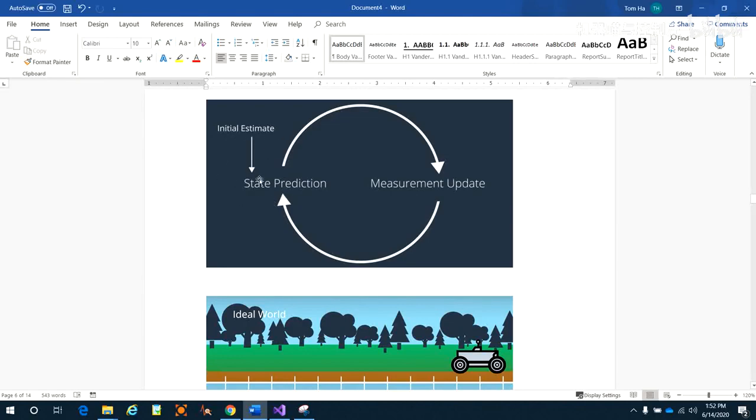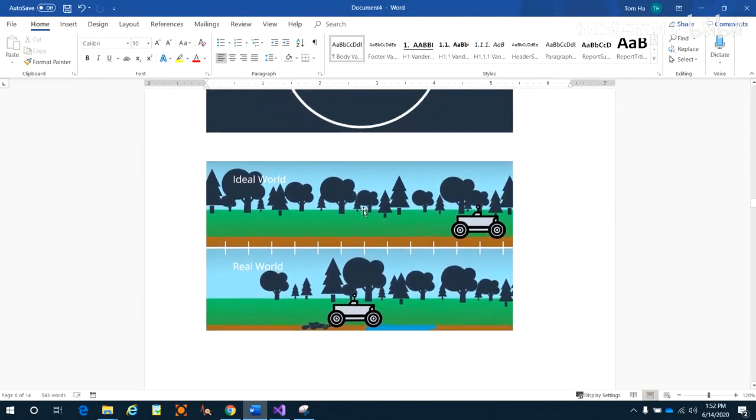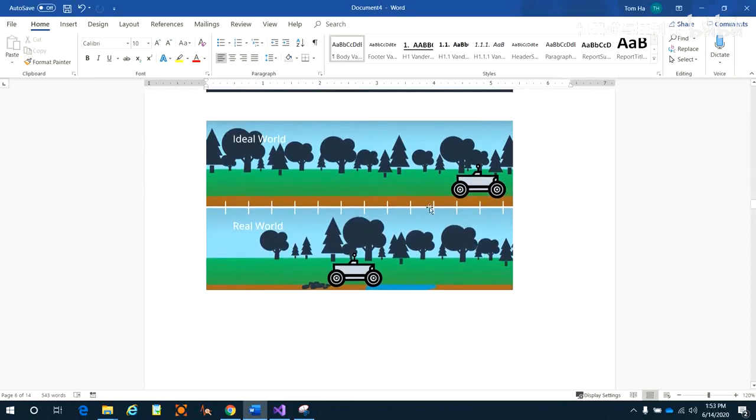The initial estimation may be really wrong, but after the measurement, it will quickly give you the correct data. For mobile robots, this is a really good application for the Kalman filter, because mobile robots have non-linear motion, so we have to use this method to get the correct localization of the mobile robot.